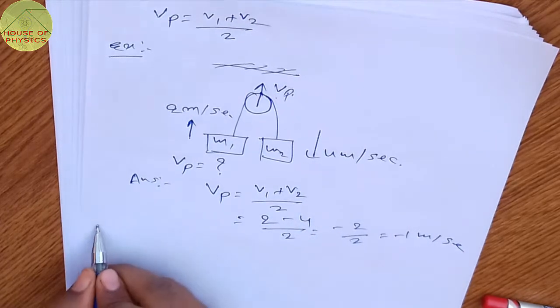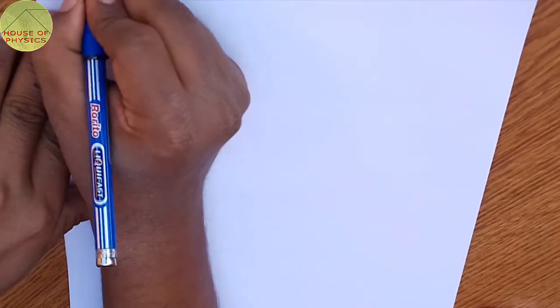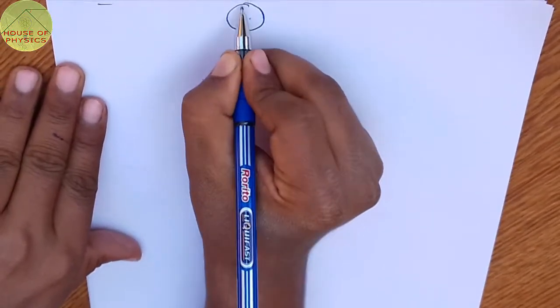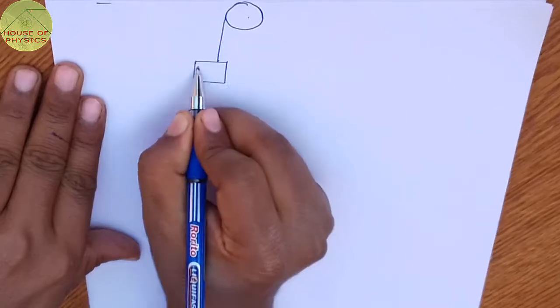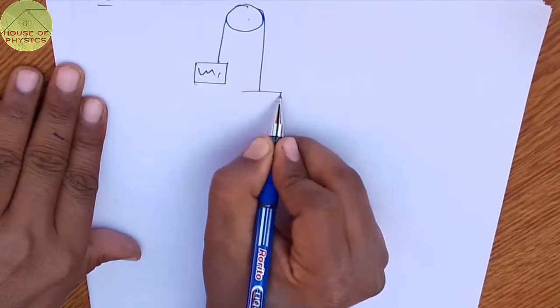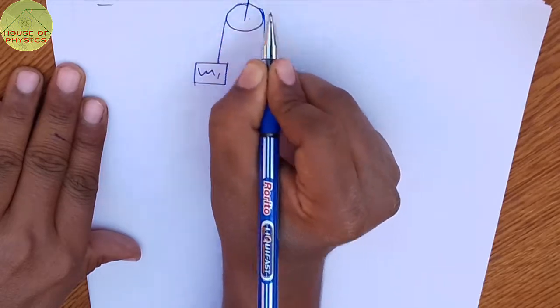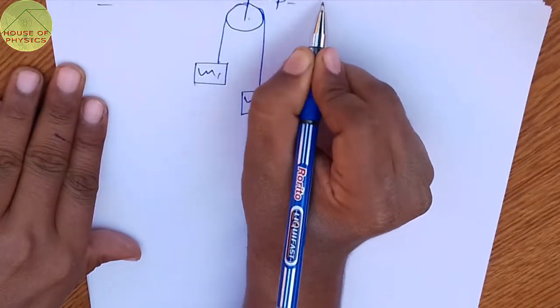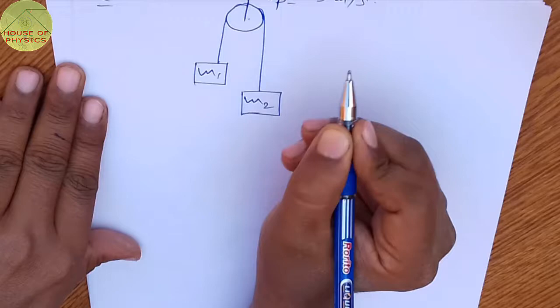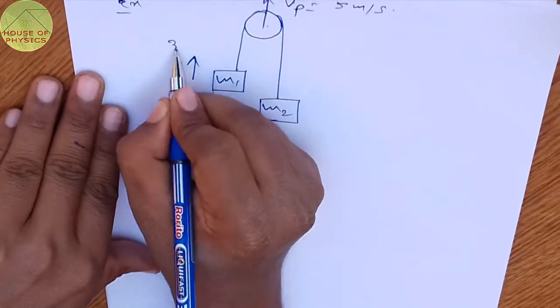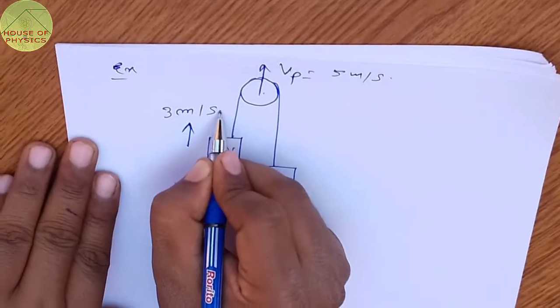I am taking one more example. This is a pulley, this is one block M1, this is another block M2, and suppose this pulley has a velocity of 5 meters per second and M1 is moving in the upward direction with a velocity of 3 meters per second.